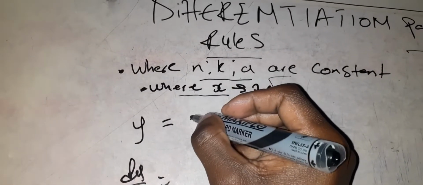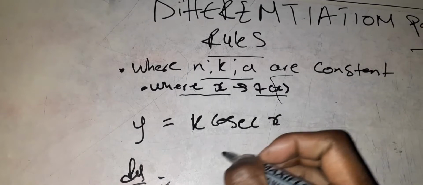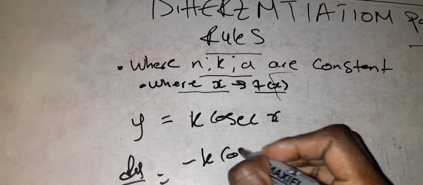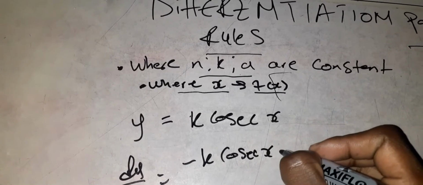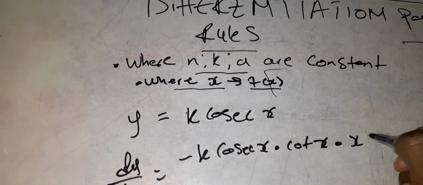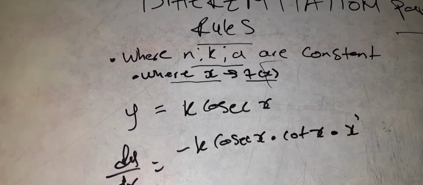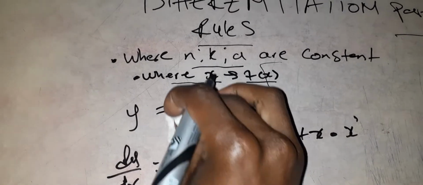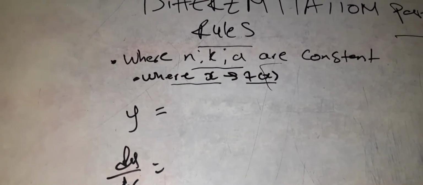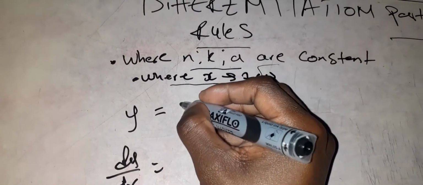Let's come to k cosec x, then the derivative will be negative k cosec x multiplied by cot x, then multiply by the derivative of x. So we always multiply by the derivative of x. Remember, in your formula sheet you have all these principles, but what they will never show you is that you must multiply by the derivative of x.